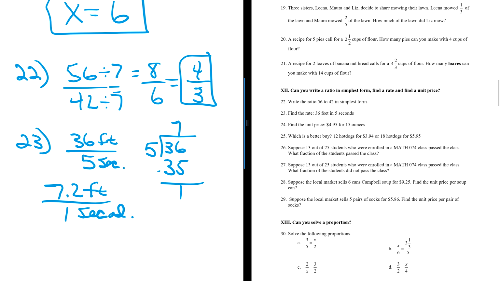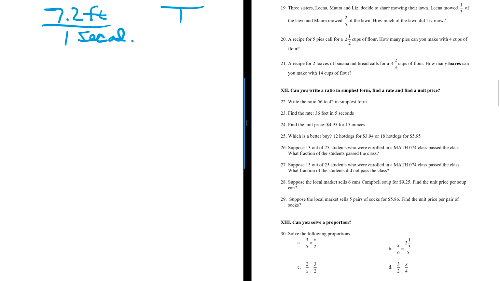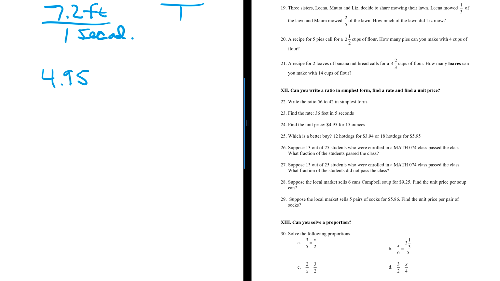Find the unit price. $4.95 for 15 ounces. So what they mean by the unit price is how much money for 1 ounce, if you've got $4.95 for every 15 ounces.